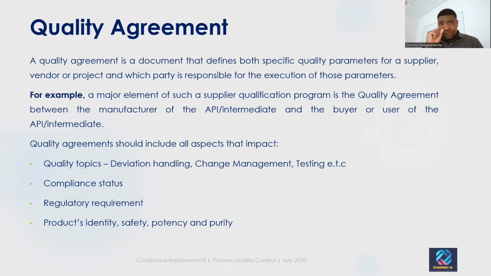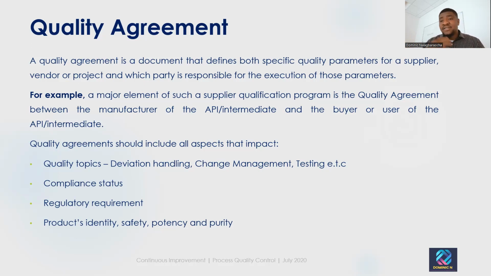So quality agreements should include all aspects that impact quality topics, and this could be deviation handling, change management, testing, like I mentioned earlier. It could be hygiene monitoring. Put everything that you want or you expect from the supplier, the vendor, the CMO, or the EMO to do or to operate as. You need to put it in the quality agreement.